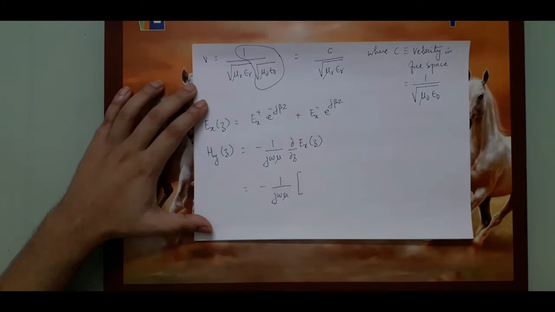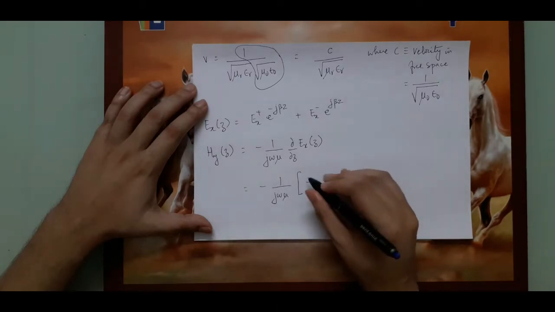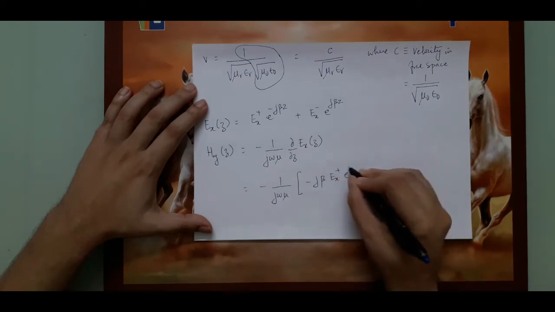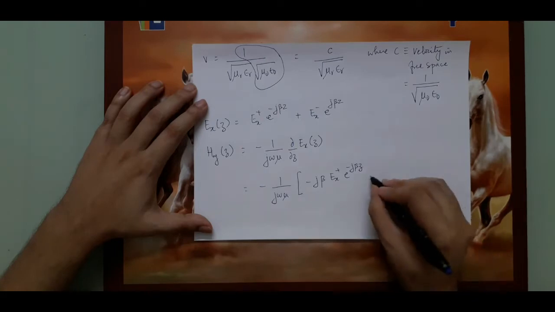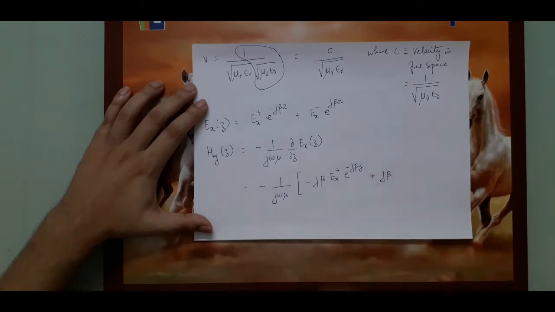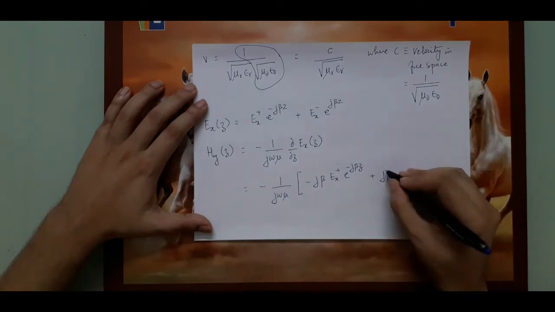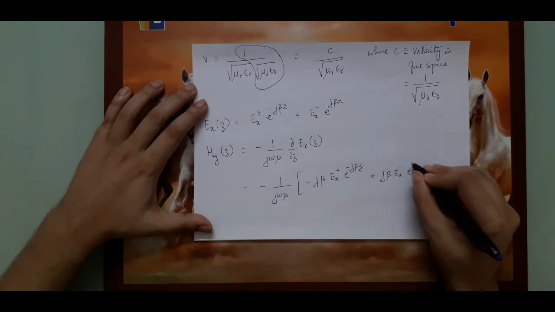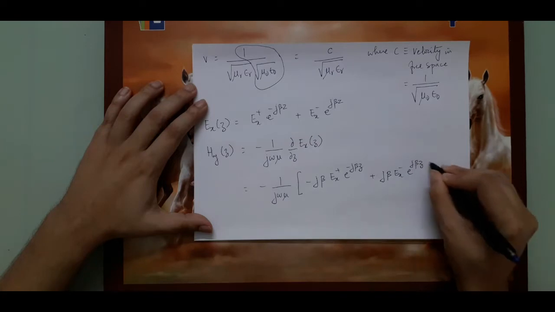I will take the z derivative, I will get minus j beta Ex plus e raised to minus j beta z plus j beta Ex minus e raised to j beta z.